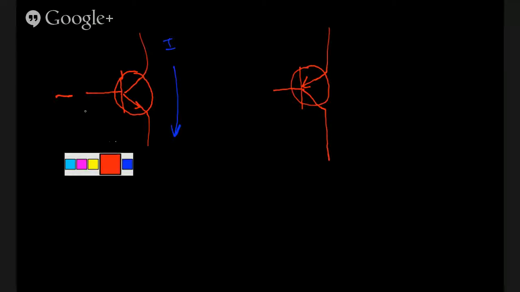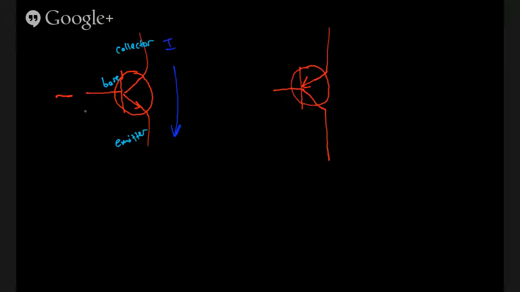We've got names for all these terminals. We'll use our not so special color. This is the base. This is the collector. And this is the emitter.